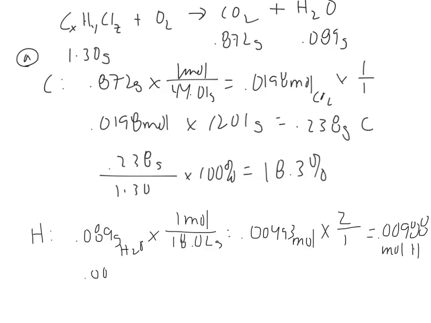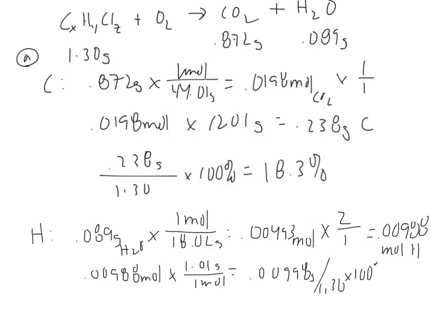And my 0.00988 moles times, I just take 1.01 because I'm talking about just elemental hydrogen here, means I have a total of 0.00998 grams. And again, this is out of the 1.3 grams times 100%. So now my percent is only like 0.77%, a very small amount of hydrogen.